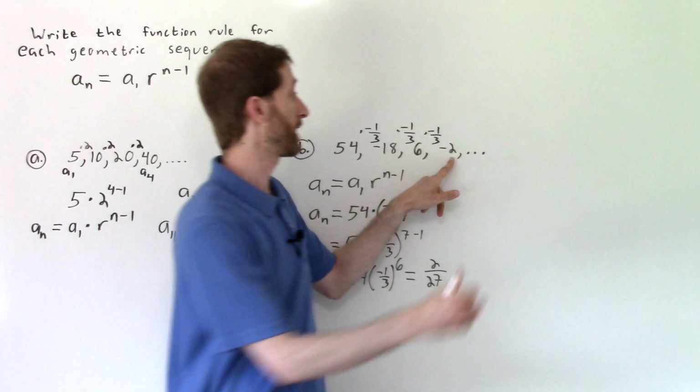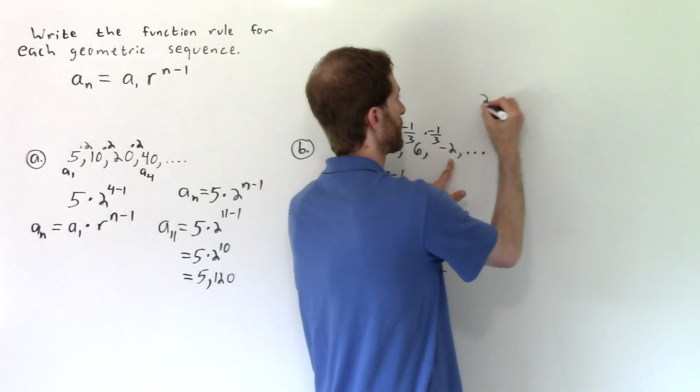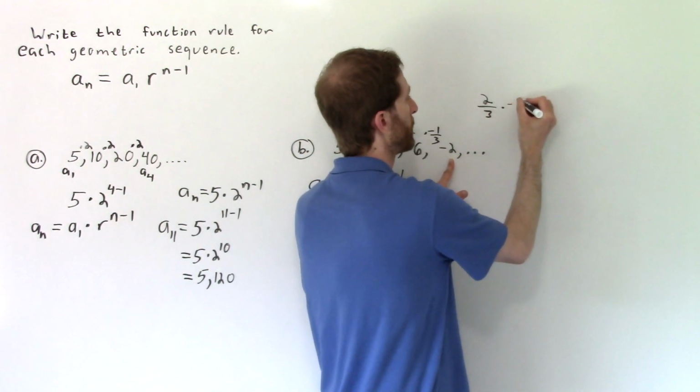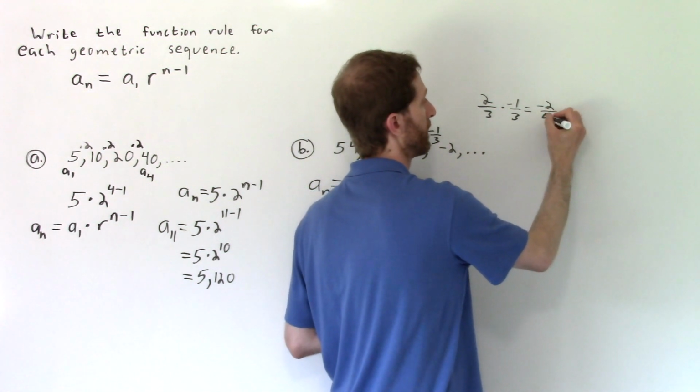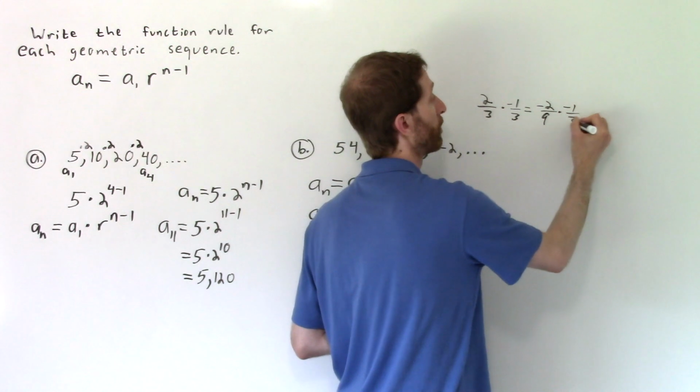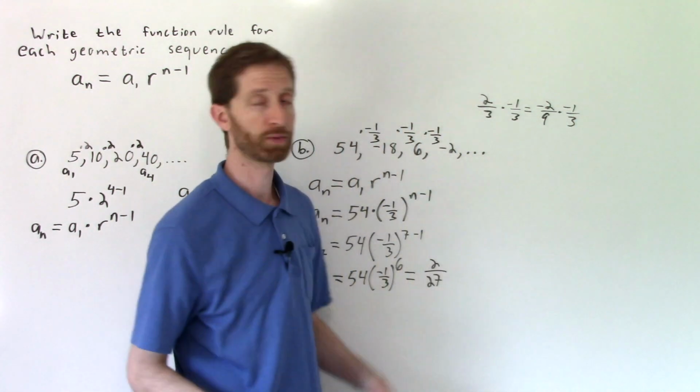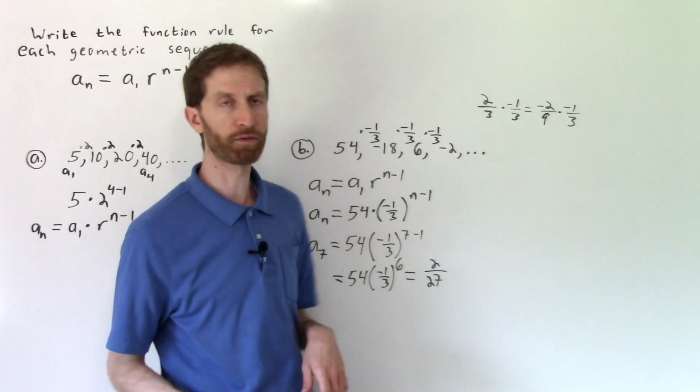Then we'd multiply by negative 1/3, and that would give us the 6th term, which is negative 2/9. Then we multiply that by negative 1/3, which is positive 2/27. A little easier to get it there from the formula.